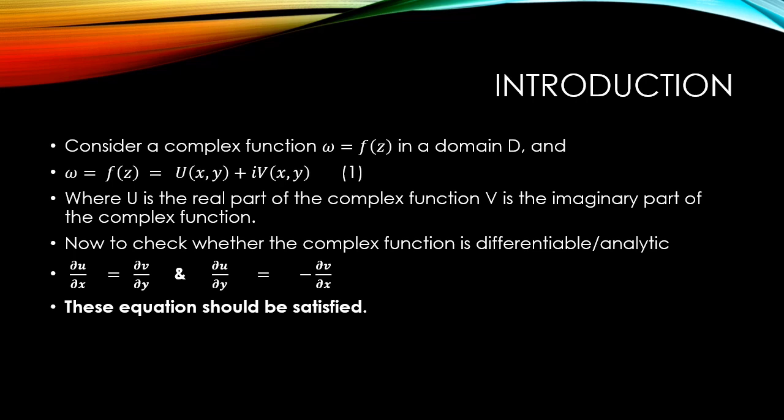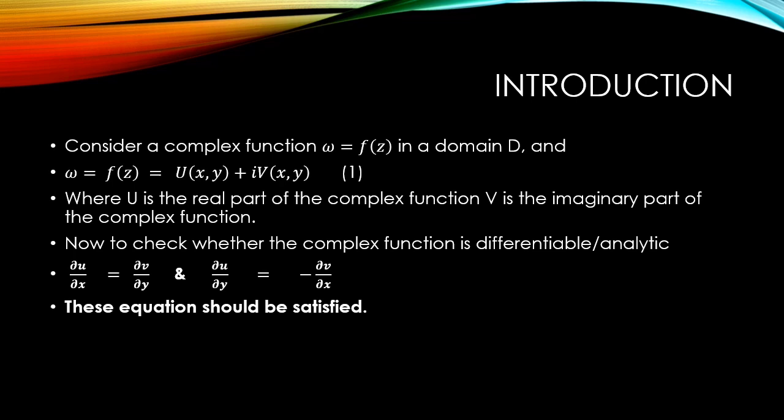Now the introduction to the Cauchy-Riemann equation. Consider that we are going to derive the relation for the Cauchy-Riemann equation. How can we derive this equation? Consider the complex function omega equal to f of z in the domain D, and we can say that omega is equal to f of z, which is equal to u(x, y) plus iota v(x, y), where we have studied earlier that we can write z is equal to x plus iota y.